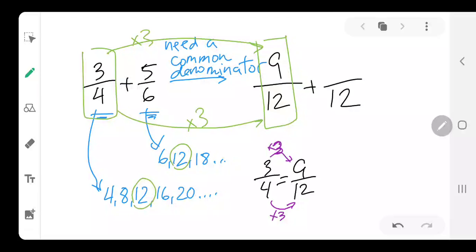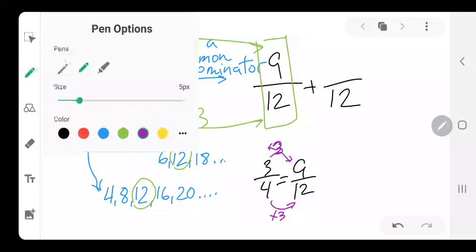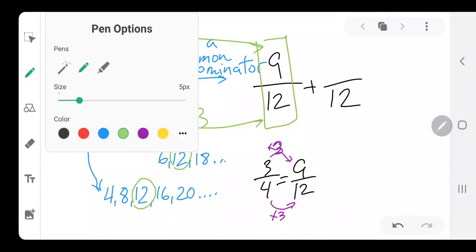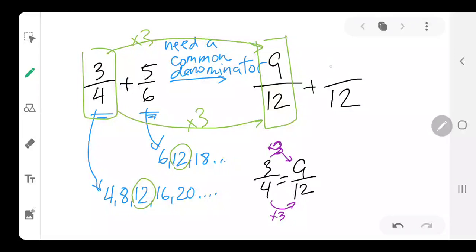And we're going to do the same thing with the next fraction. So the next fraction, how do we get that 12? Well, we multiply 6 times 2 to get 12. So if we multiply 6 times 2 to get 12, we also multiply the 5 times 2, and that gives us 10. So whatever factor, let me just write this down at the bottom. So 5/6 is equivalent to 10/12.